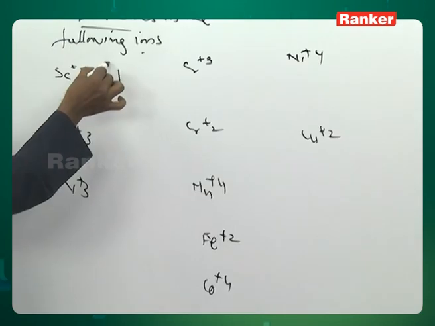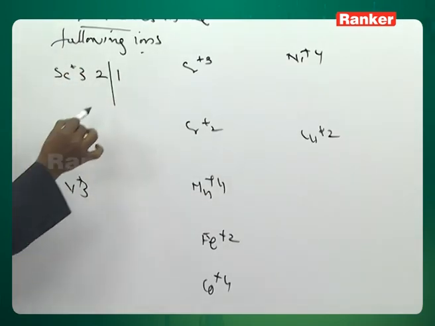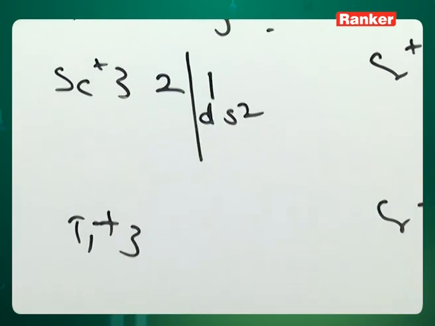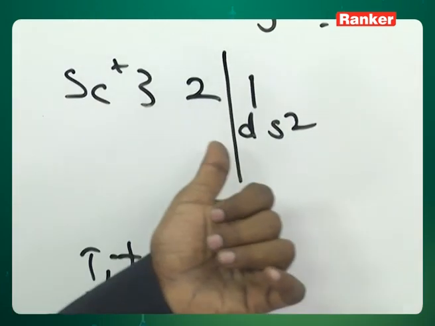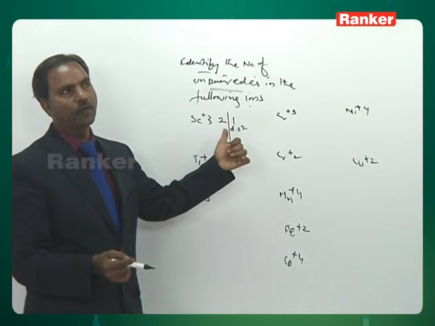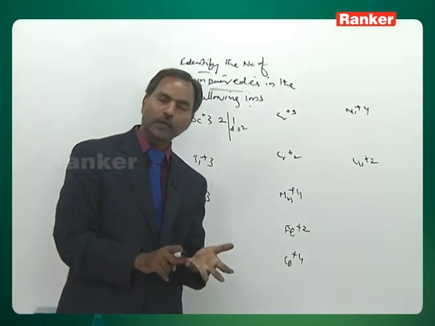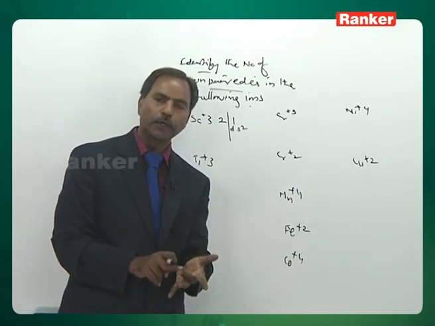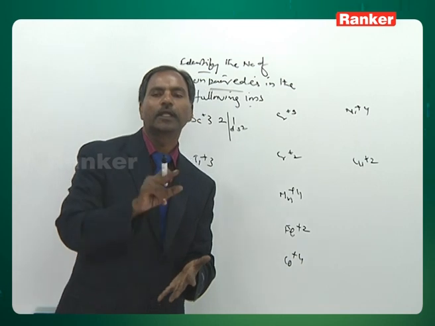21. Put a line in the middle. Then the second digit you can take as its electronic configuration. What is it now? d1s2. 21 is d1s2, 22 d2s2, 23 d3s2, 24 exception, that is d5s1.